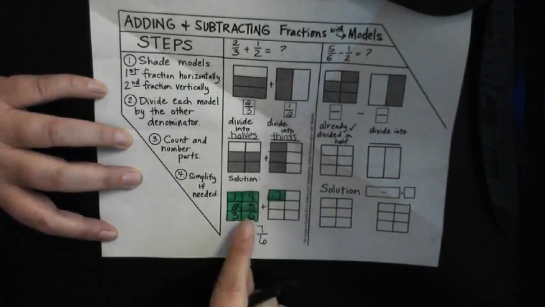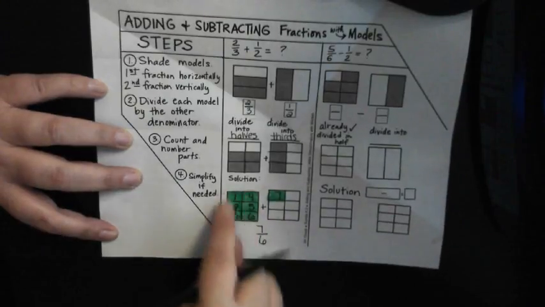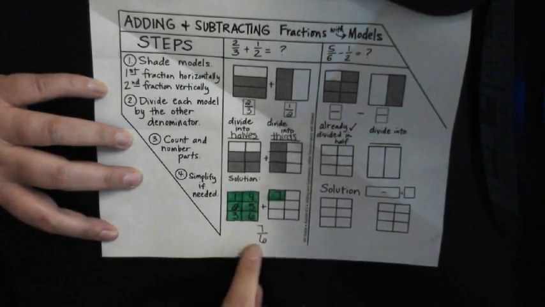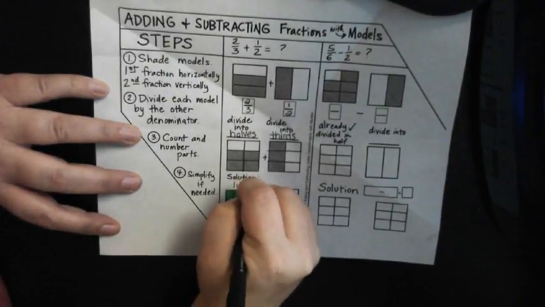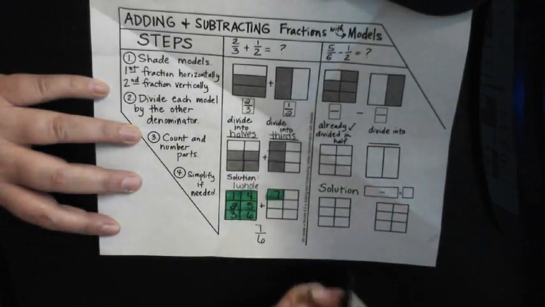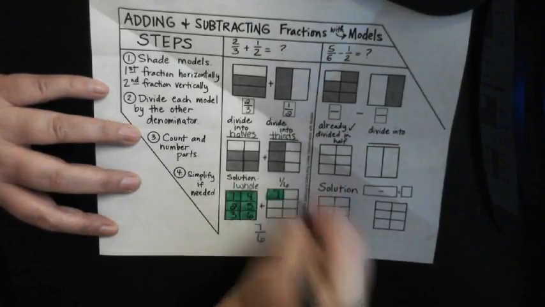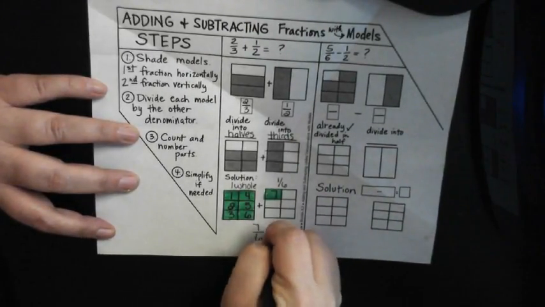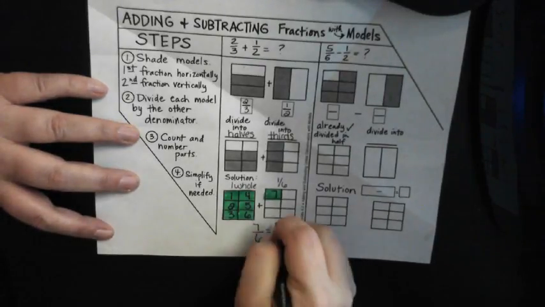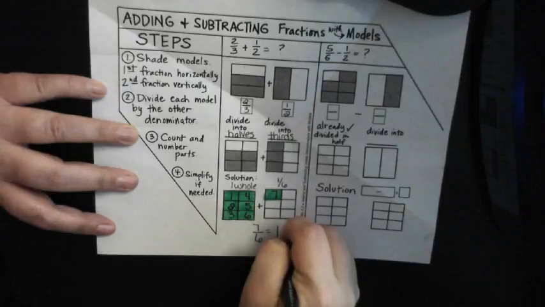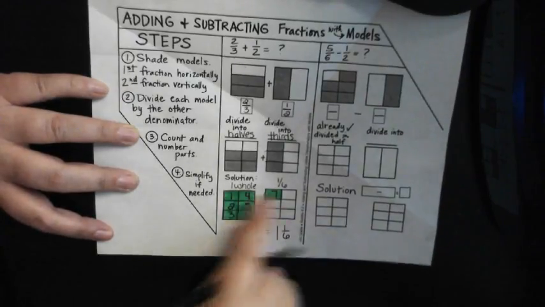So even though I came over, I'm still only looking at this first one to figure out what my denominator is. Now, we know that we can look at this and know that that is 1 whole and this is 1/6. We also know that I can change this into a mixed number and it will be 1 and 1/6 based on what we see here.